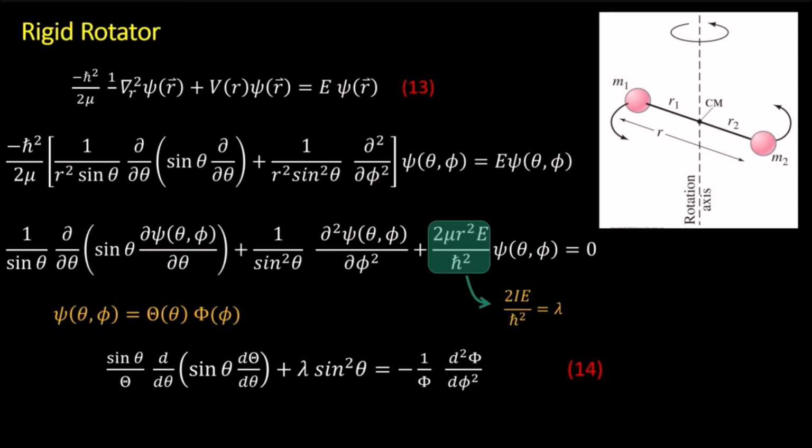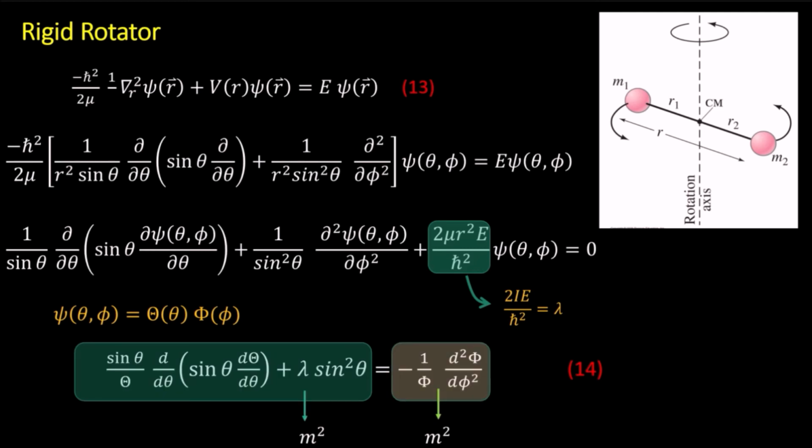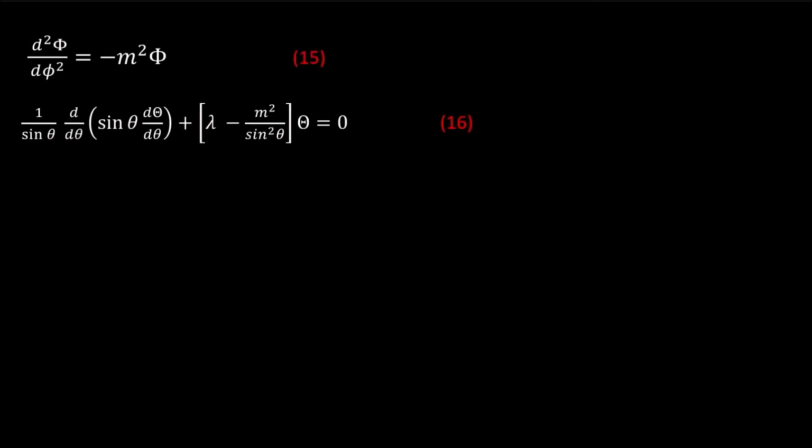This equation suggests that both sides must be separately equal to the same constant, which we have done earlier. So we get two equations: d²Φ by dφ² equal to minus m² Φ, and 1 by sin θ d by dθ (sin θ dΘ by dθ) plus (λ minus m² by sin²θ) Θ equal to 0.